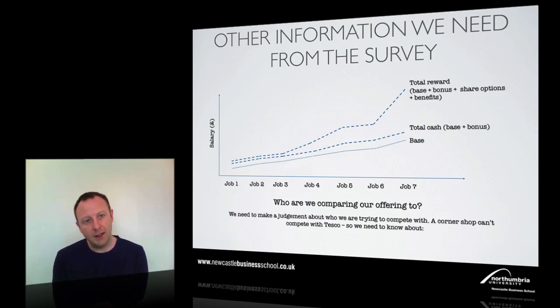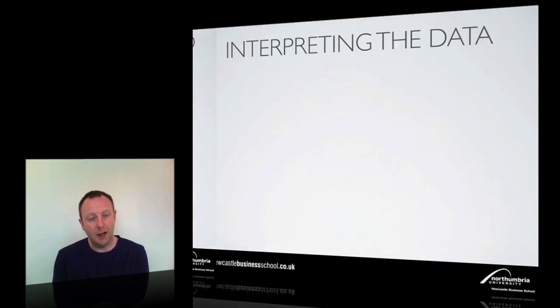So when we're looking at the data from the survey, we need to know something about the company sizes and structures contained within it, so that we can identify data that relates to organisations of a similar size and structure to our own. We need to think about financial metrics like turnover and profitability, so that we are making sense of data in a way which is meaningful to our own organisation.